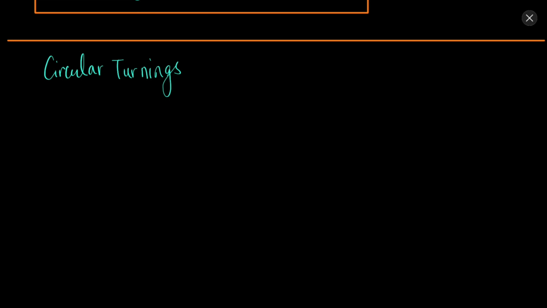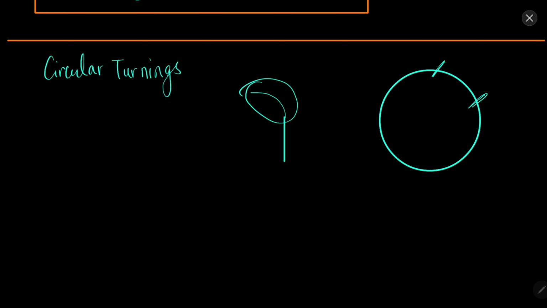Sometimes that turn can be quite steep, or it can be like a part of a circle. The road might be like this and the turn might be like this. That turn is a part of a circle.